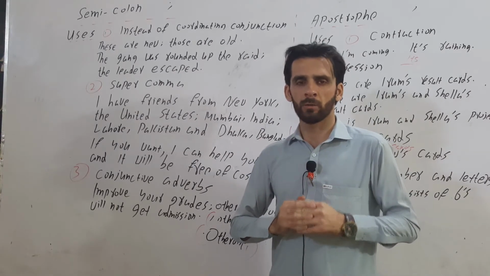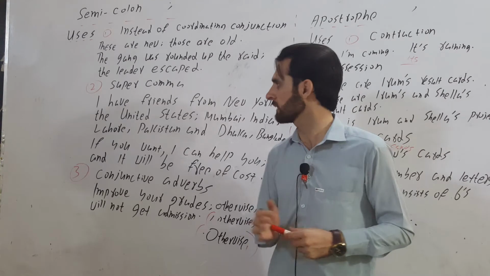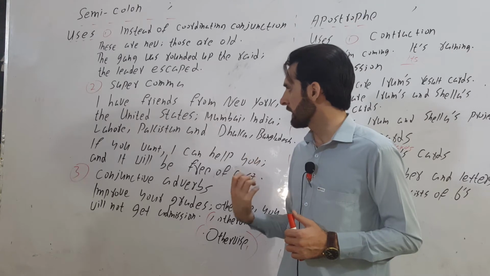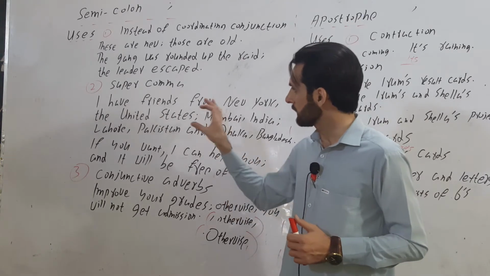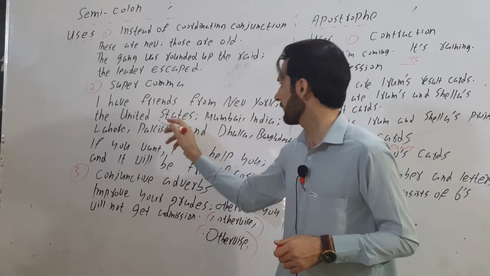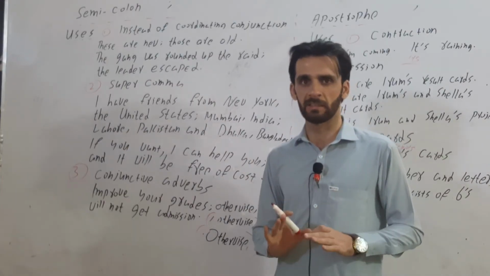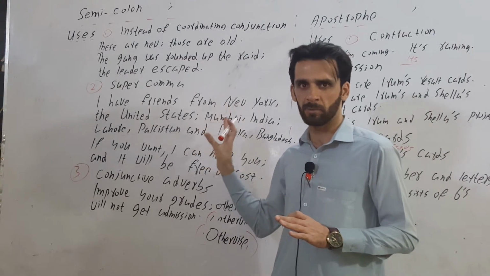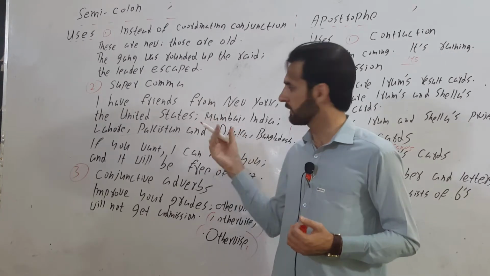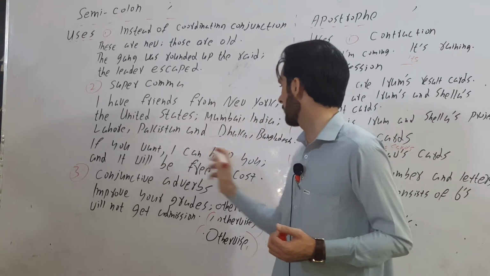The second use of semicolon is when we have internal commas in items in a series. Consider this sentence: I have friends from New York, the United States; Mumbai, India; Lahore, Pakistan; and Dhaka, Bangladesh. Here we have items in a series: 1 item, 2 item, 3 item, 4 item. We have 4 items in this series, and each of these items contains a comma internally.